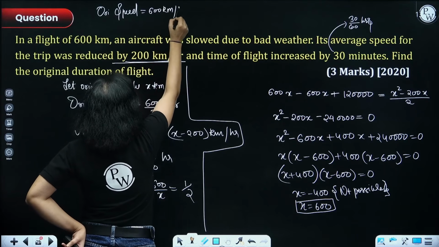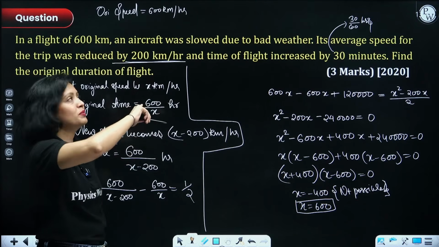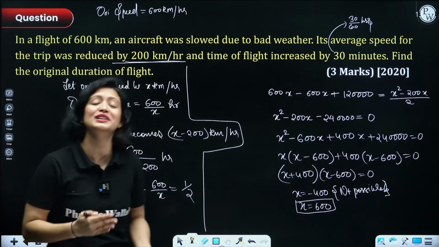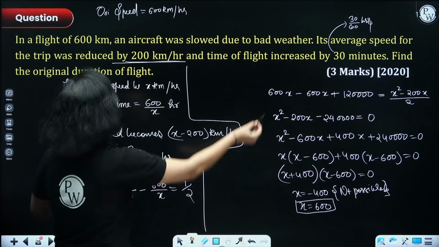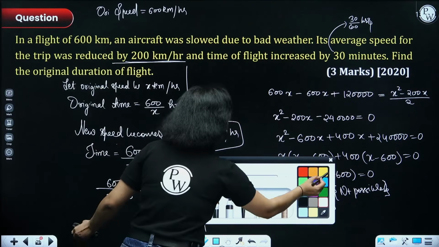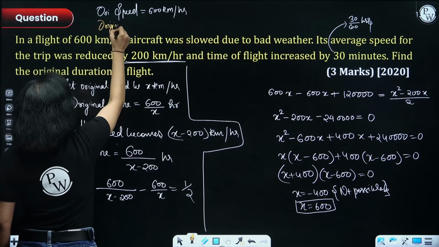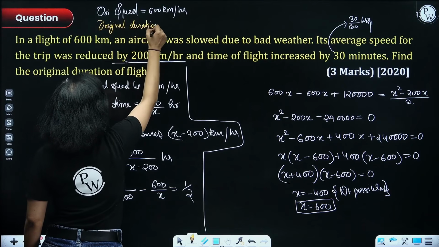But guys, all the people that would leave this question here, thinking, oh, I got the correct answer, let's go, you would lose marks because you don't have to find the original speed. You have to find the original time duration of the flight. So the original duration of flight would be what?